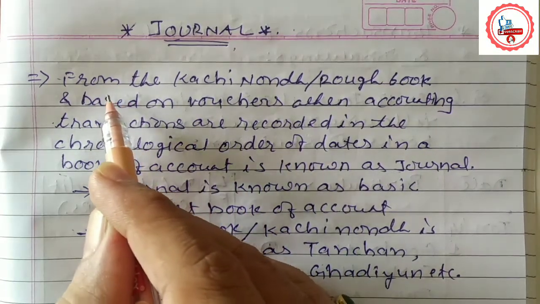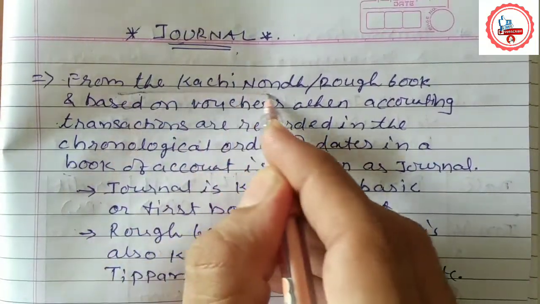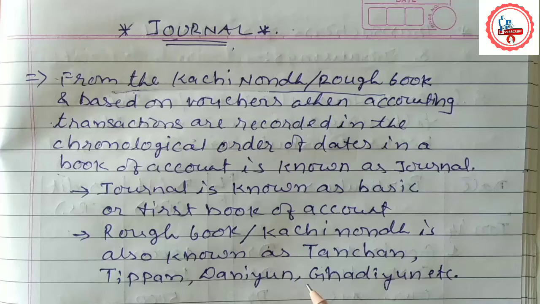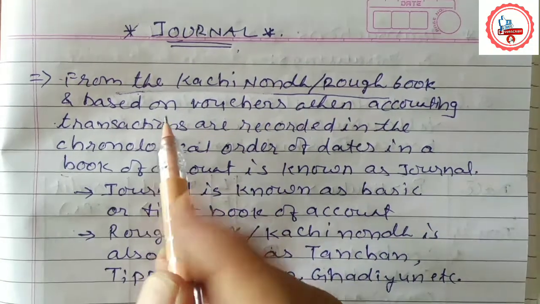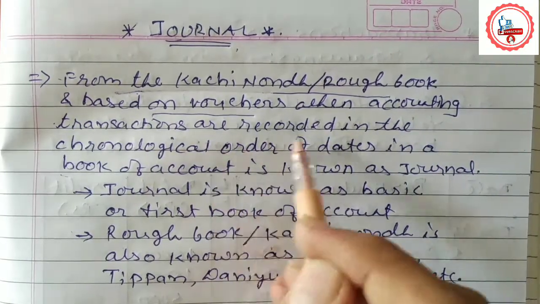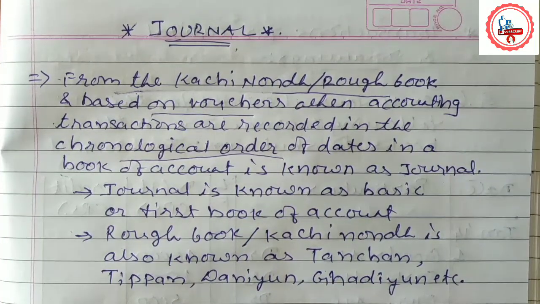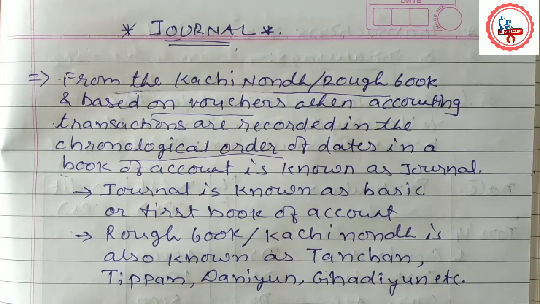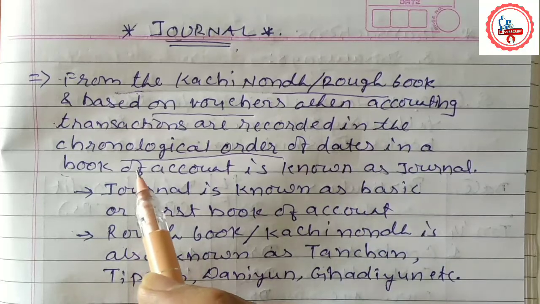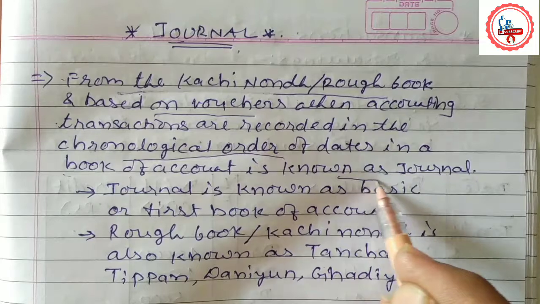First of all, any transaction will be recorded in a rough book, or kachi nod, and on the basis of vouchers, whenever accounting transactions are recorded in chronological order of dates, that means on a daily basis, date wise, that is called chronological order of dates in a book of account known as the journal.